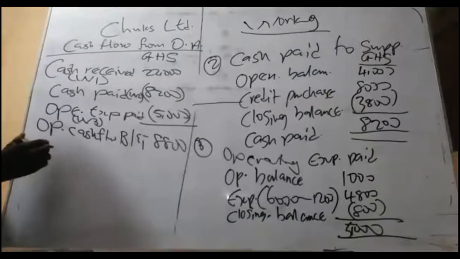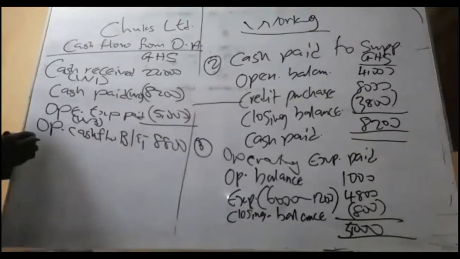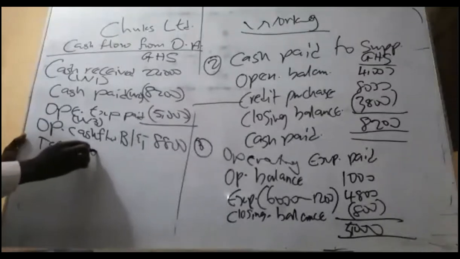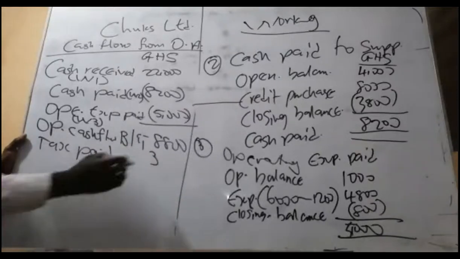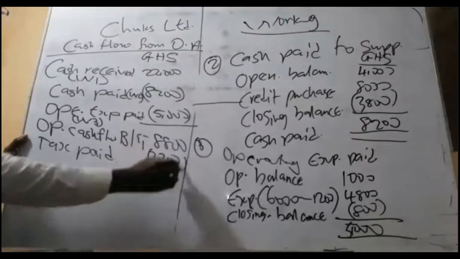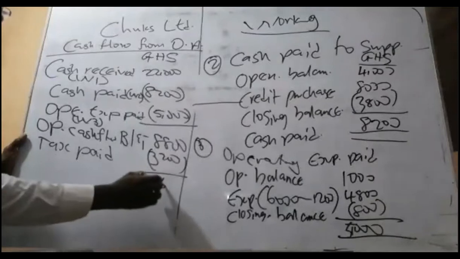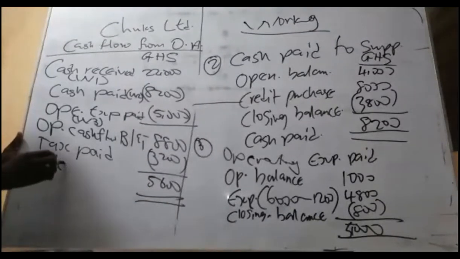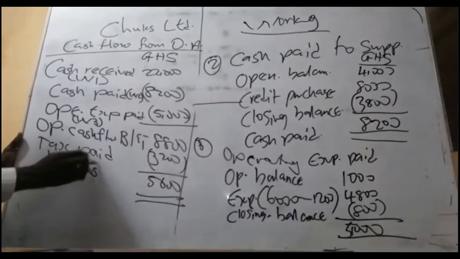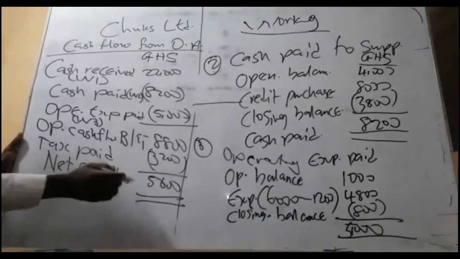So tax paid is 3,200. So finally we have 5,600 as well. Net cash flow from operating activities.